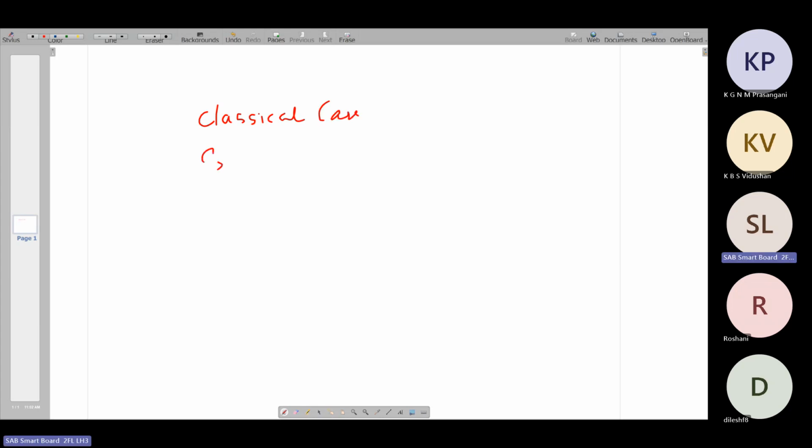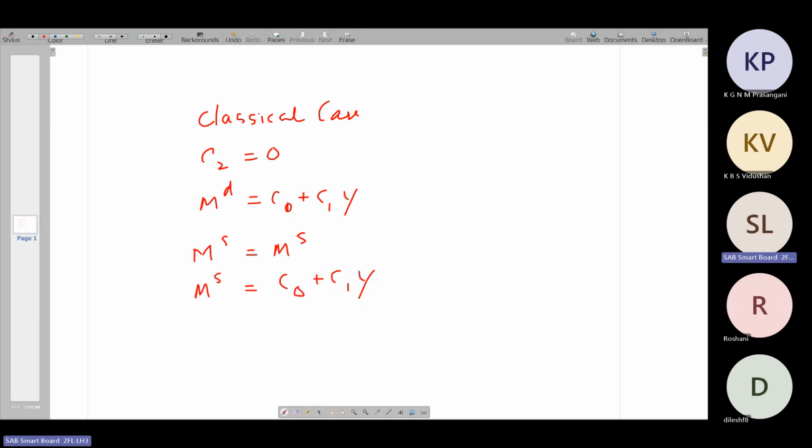In the classical case C2 is 0, so money demand depends on C0 plus C1Y. If we take the equilibrium in the money market, money supply equals money demand, so we can write MS equals C0 plus C1Y.